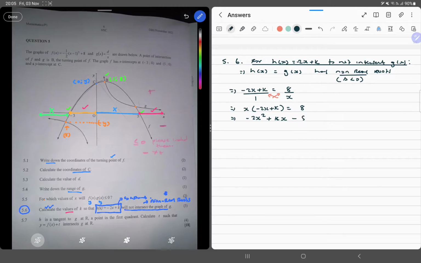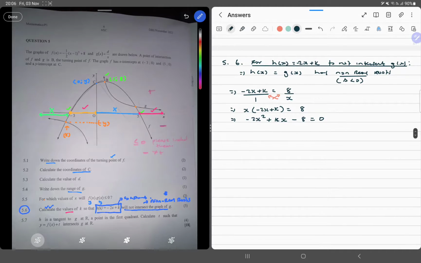Then we transpose the 8: minus 8 is equal to 0, because for us to solve any quadratic, be it nature of the roots type of questions or whatever, we need to put it in standard format at least. Now we can see that we've got -2, which would be a, and we've got plus k, which gives us our b value, and we've got -8 as our constant.